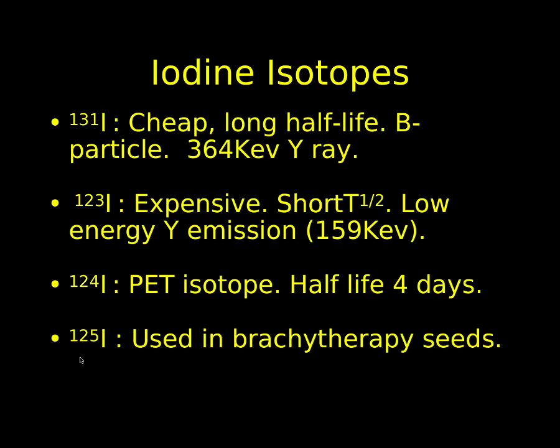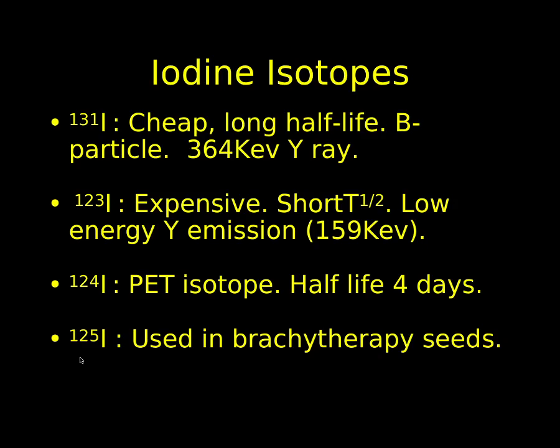It has a low energy gamma emission, 159 keV, which is very similar to the commonest isotope we're using, technetium, and therefore we can use the standard collimator. These are the 2 isotopes of iodine we'll be using in our practice usually.